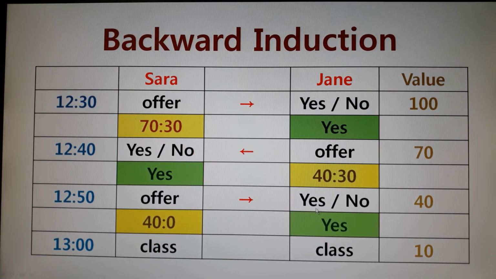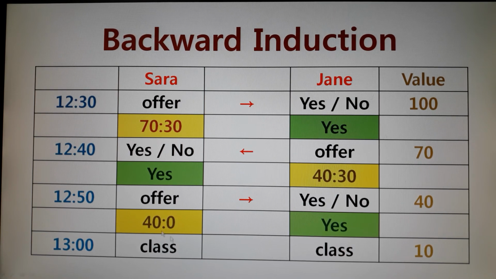So what it means, if Sarah says I'm getting 39.5, I'll give you 0.5, still Jane would say yes. So Sarah at this point would give Jane as little as possible, and Jane would say yes. Even 0. She has no reason to say no because no means 0, yes means 0. On the other hand, mathematically, if Sarah offered 0.1 to her, she'd say yes.